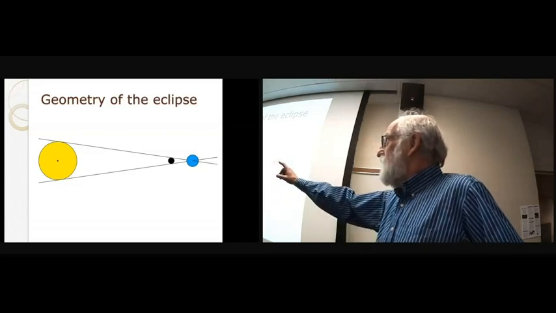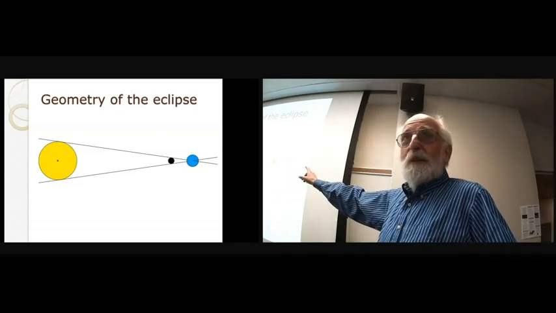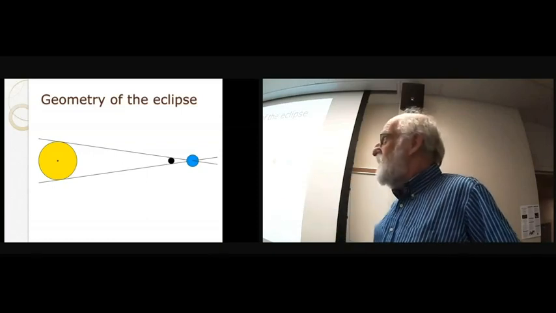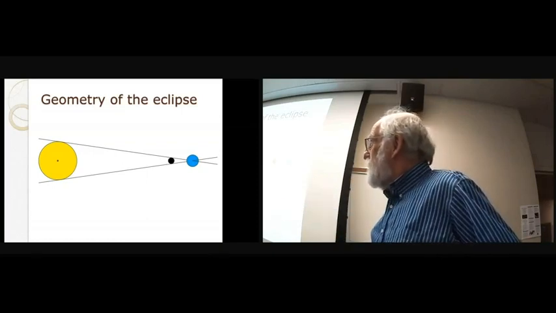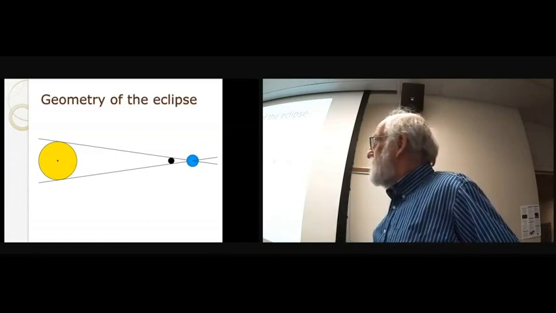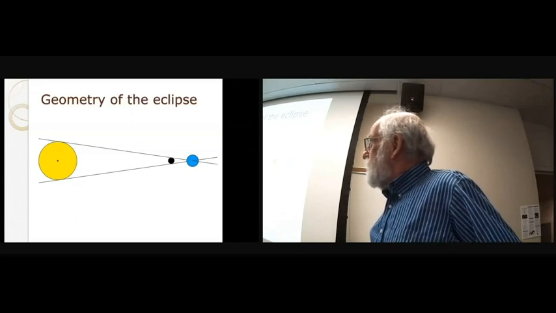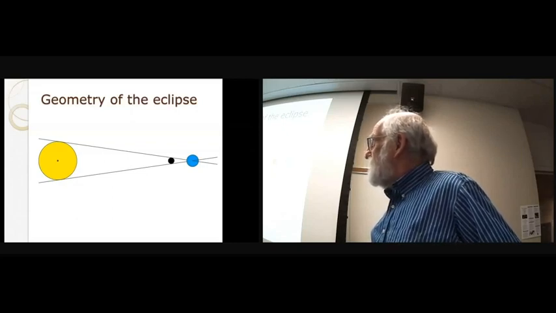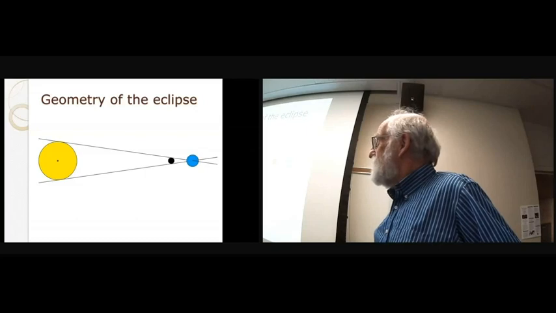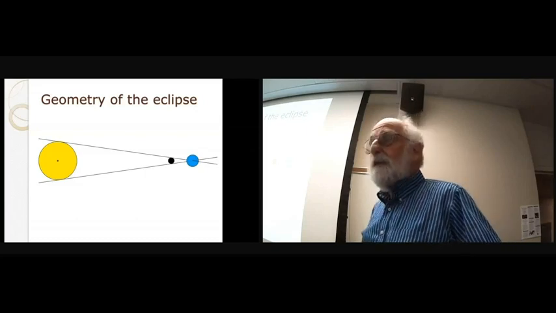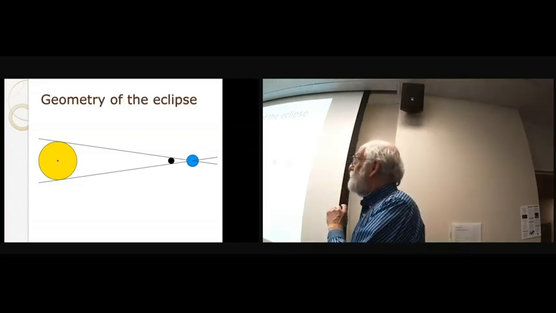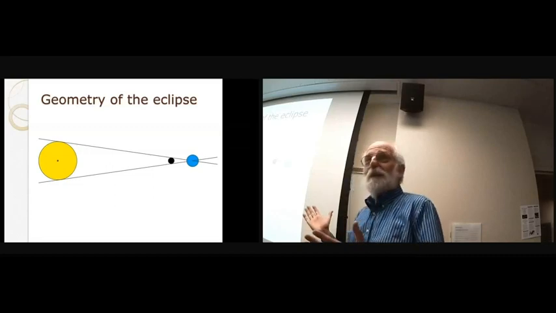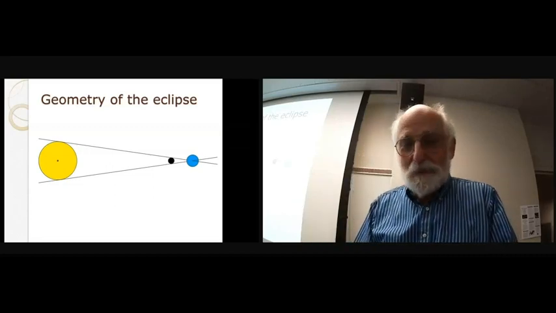The sun, the moon, and the earth line up in a row. Because the moon is between the sun and the earth, it blocks the sun's rays and casts a shadow on part of the earth. So there it is. That's the geometry of the eclipse.